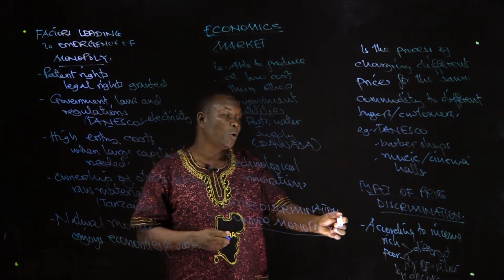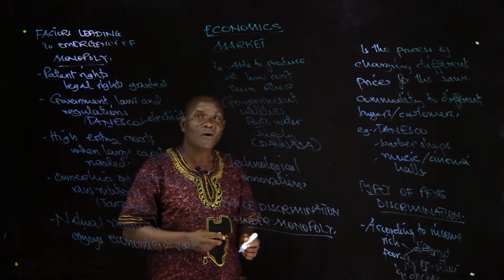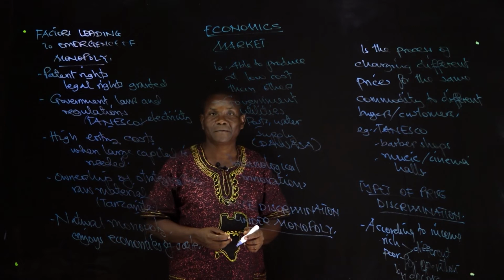We need to continue with other types of price discrimination. We still go on, my dear students, with the types of price discrimination. We said one is price discrimination according to income.